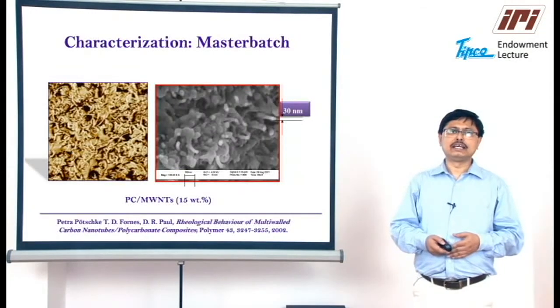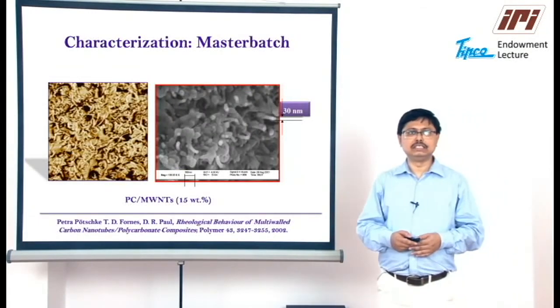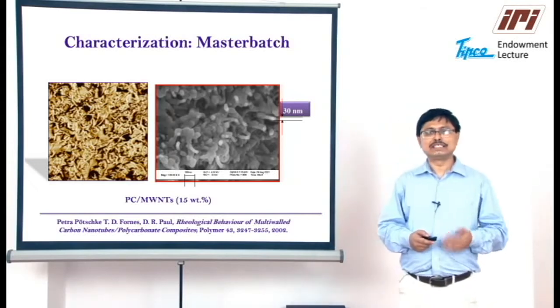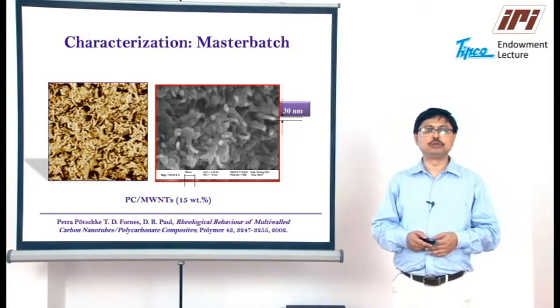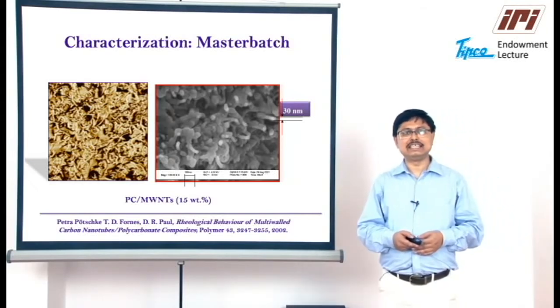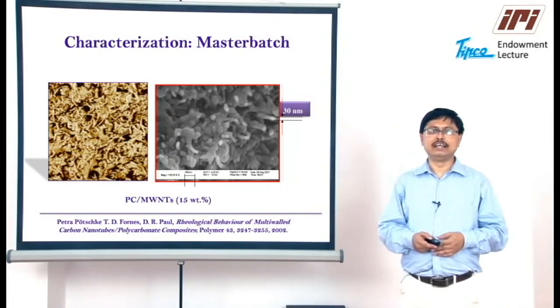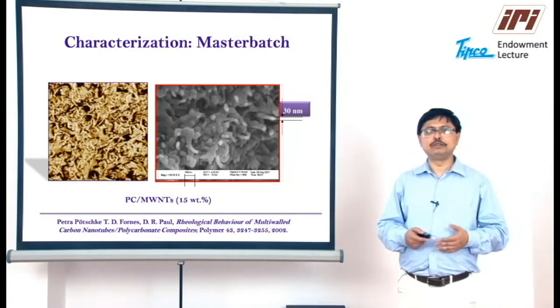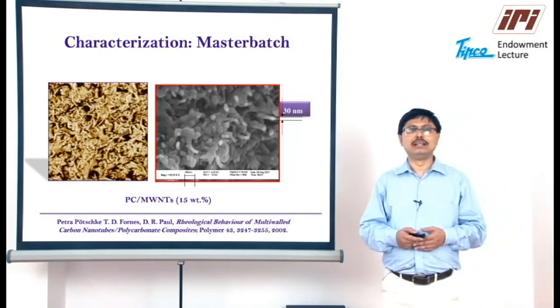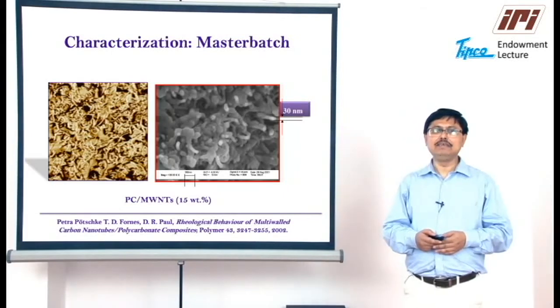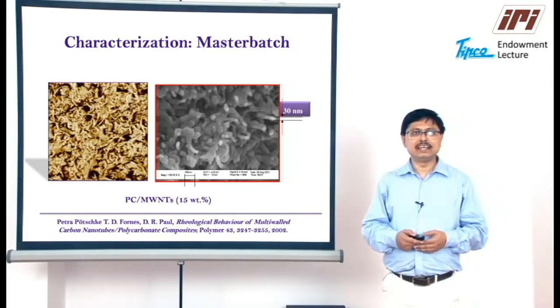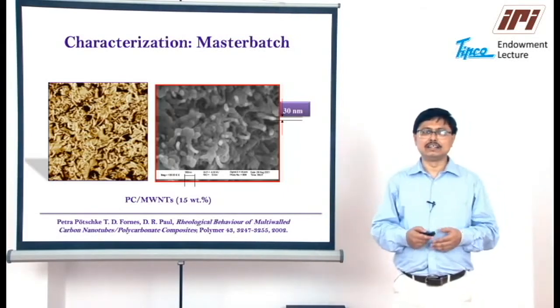If you look at these composite materials, or rather the master batch of these composites, through AFM as well as ACM micrographs, you could find that these nanotubes at this particular level form a highly percolated, spaghetti-like structure and entangled network.